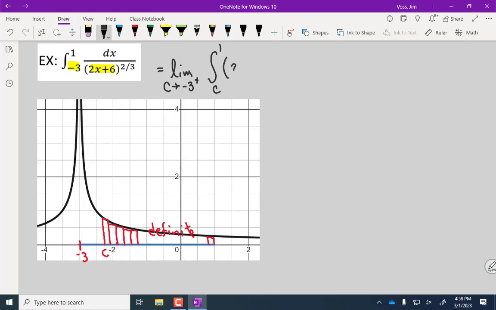And again, we'll just pop this into the numerator. So we have that definite integral from c to 1, which we can integrate.